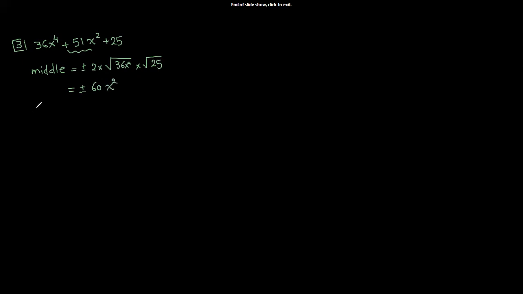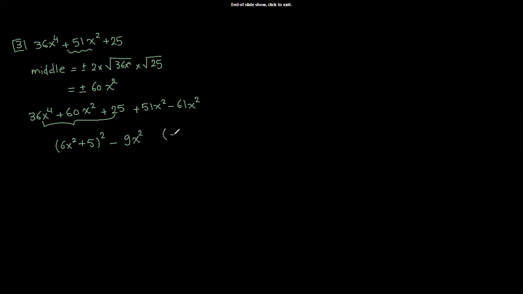So by making this equation, 36x to the power 4 plus 60x to the power 2 plus 25 plus 51x to the power 2 minus 60x to the power 2. So this term will be the perfect one, (6x to the power 2 plus 5) all to the power 2 minus 9x to the power 2.